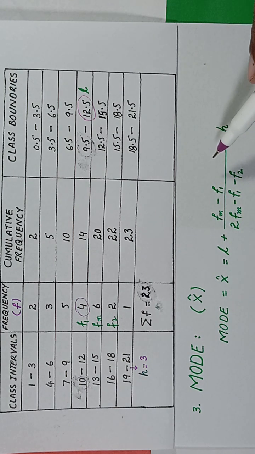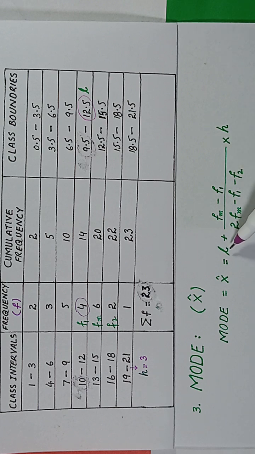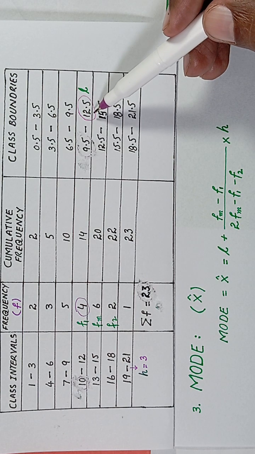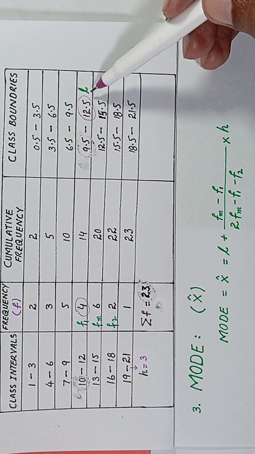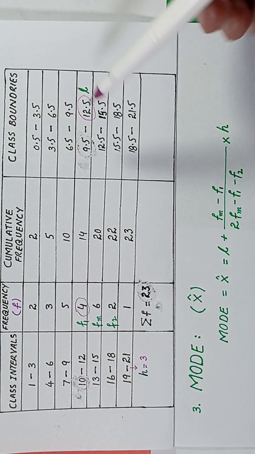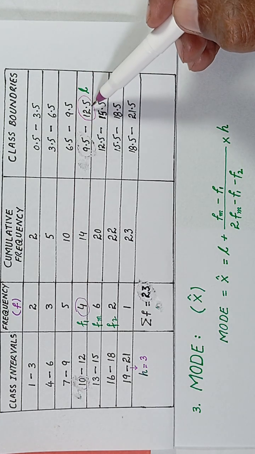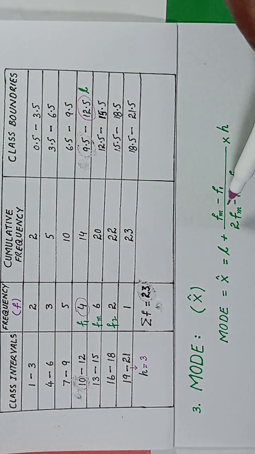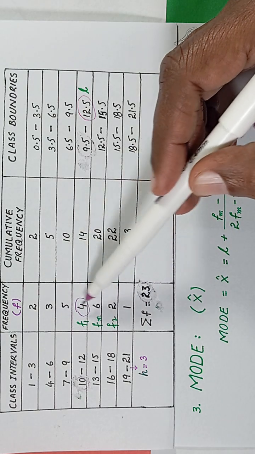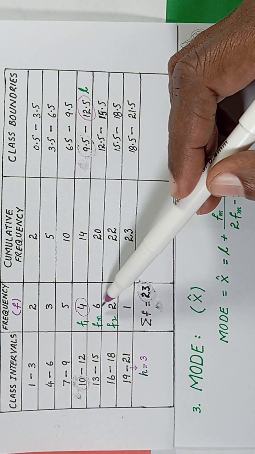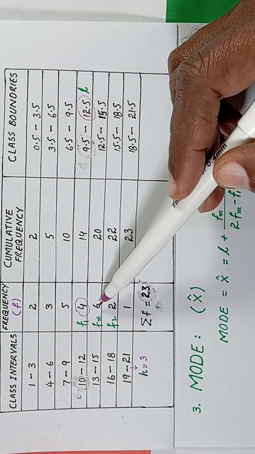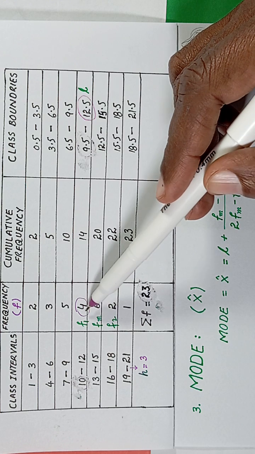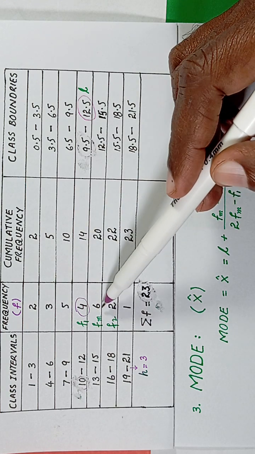So here, dear students, we put the values. L is the lower class boundary of the mode class. L is equal to 12.5. Fm is the maximum frequency. Among all the frequencies, the highest is called fm.